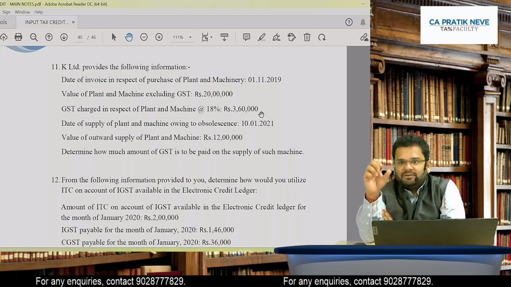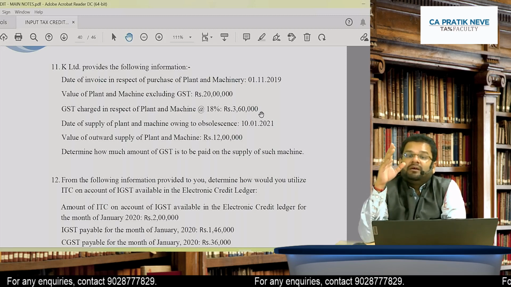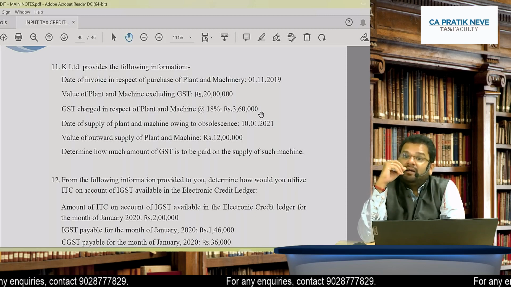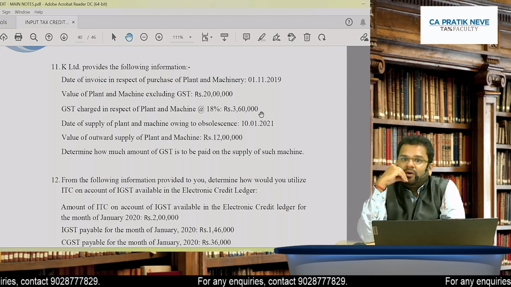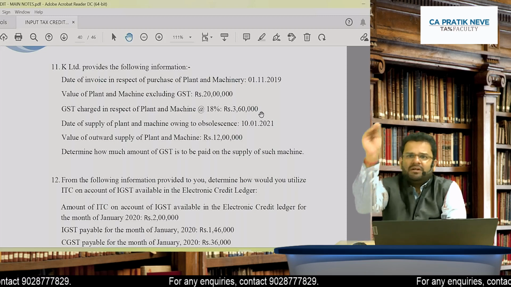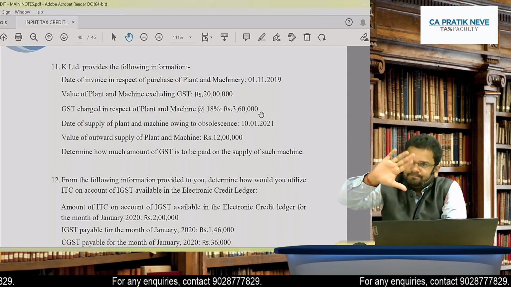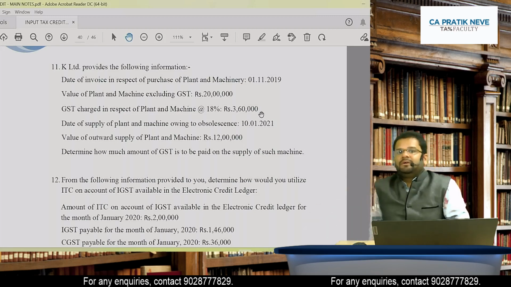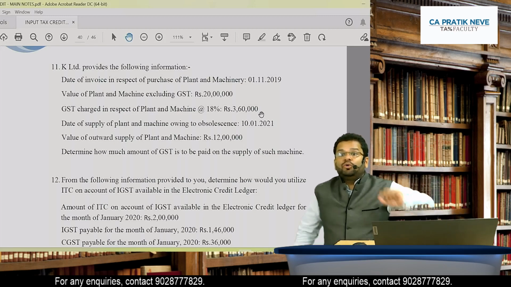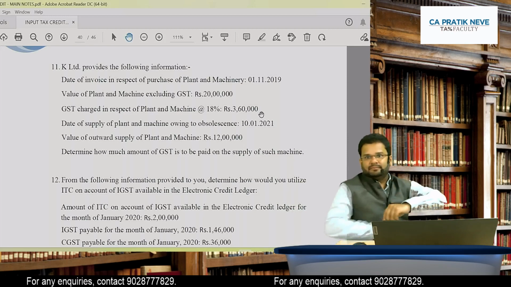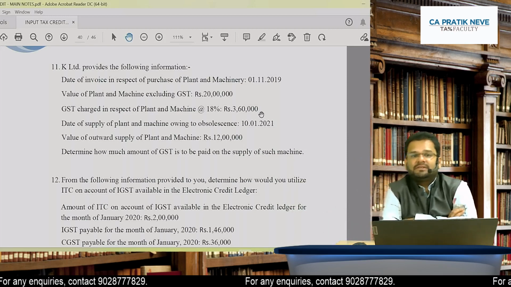So friends, when in my classes I give a challenge question or teach this, everyone understands the provision. But when I ask you to apply it, problems happen. Problem means you don't use it smartly. I have seen this in many batches.